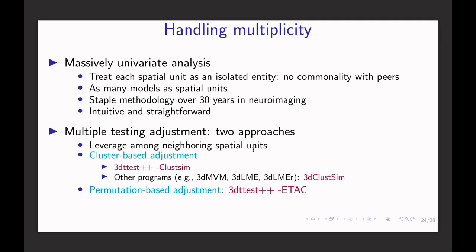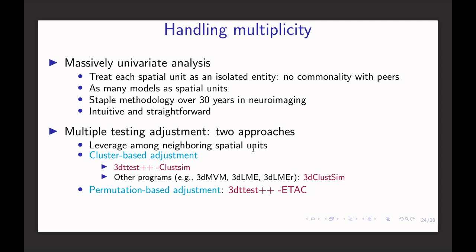But that's immediately, under the traditional statistical framework, you have this multiple comparison issue, right? This approach has been adopted over the whole history of neuroimaging, right? And it's intuitive, right? That means everybody understands the approach.